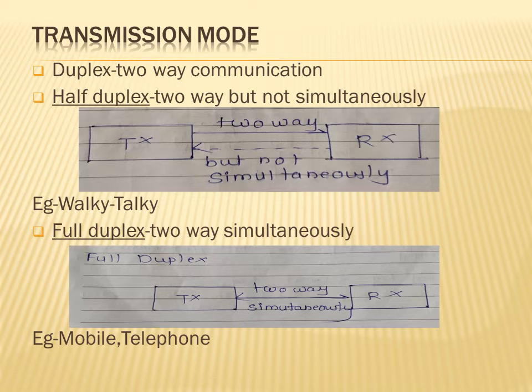The walkie-talkie has a push-to-talk button which turns on the transmitter but turns off the receiver. When you push the button, you are talking and your partner can hear you, but you cannot hear what your partner is saying.